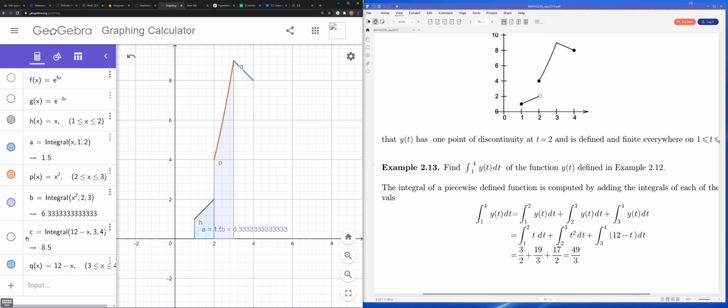The area under the 12 minus t is this area over here, and it is equal to the integral between 3 and 4.